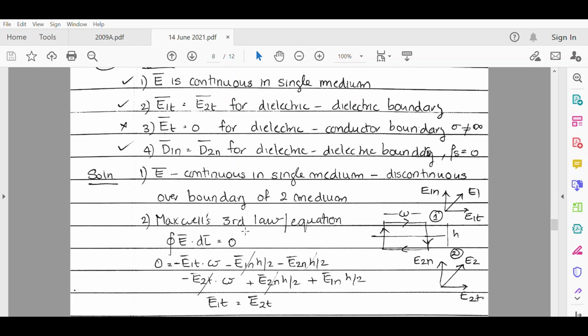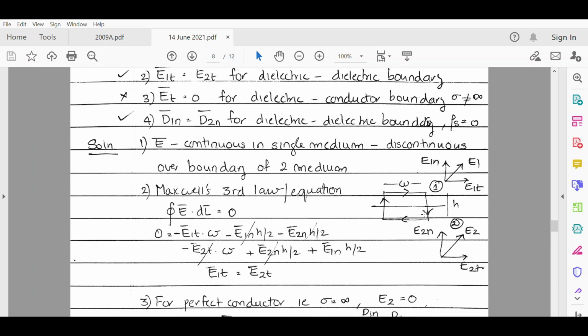Here there is no change of flux density with respect to time, so it is equal to 0. And here we have considered the boundary between two mediums 1 and 2, and the electric field in medium 1 and 2 with the corresponding normal and tangential components represented over here, and this is the loop for the line integral.